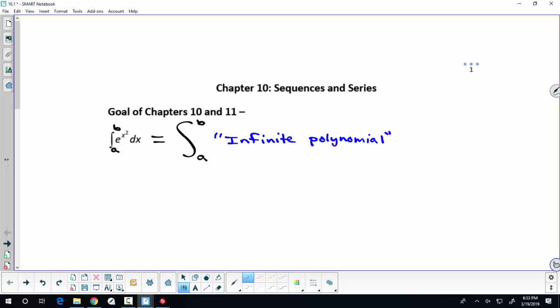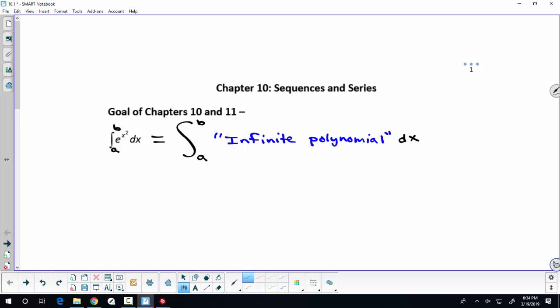And that's kind of the heart of these next two chapters. It's one of the key aspects of calculus outside of integration and differentiation, that functions like e to the x squared, or functions in general, can be represented as infinite polynomials.